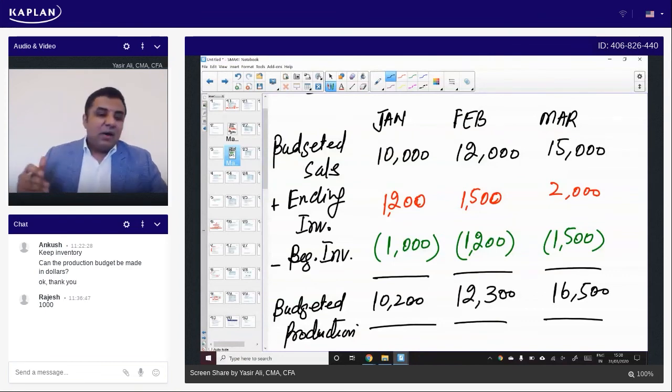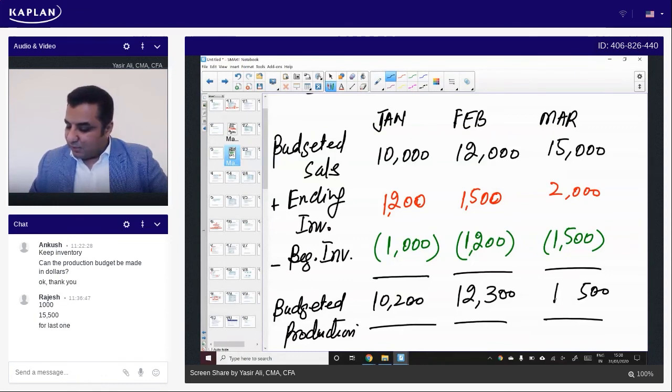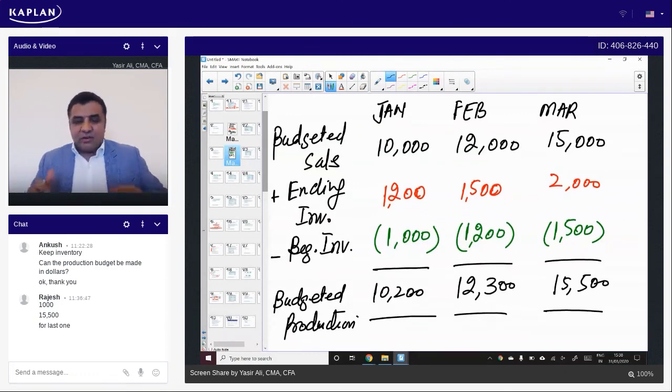Yeah. Now, once again, look at this question, and you are going to face many such questions in the exam, I can tell you. Yes, Rajesh, excellent spot. This is 15,500. Now, here is an excellent trick that we can always use in such questions. And what is the trick?